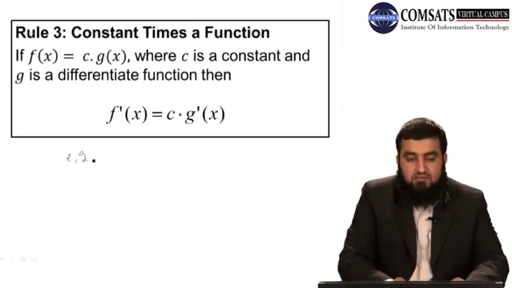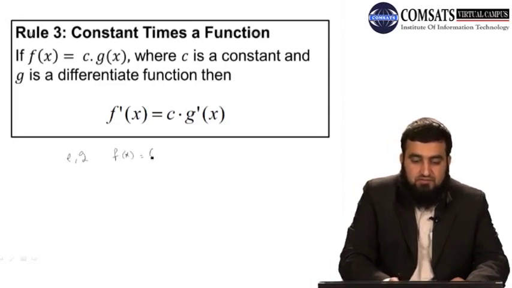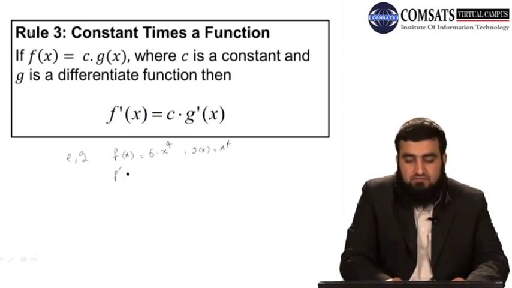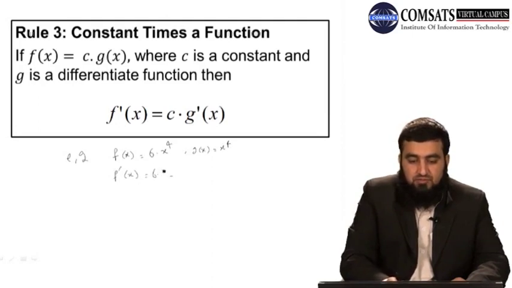So for example, if you have a function f of x which is 6 times g of x, where g of x is x to the power 4, then f prime of x will be 6 times g prime of x.